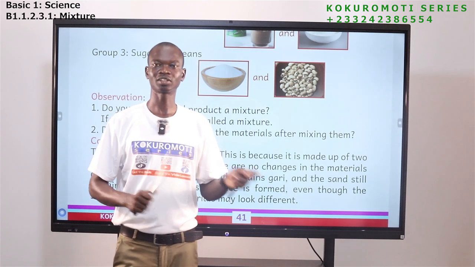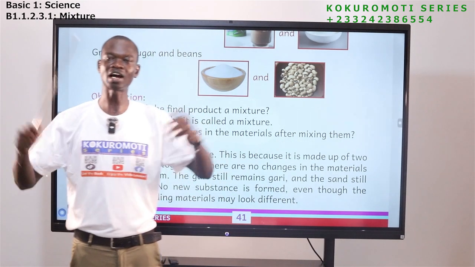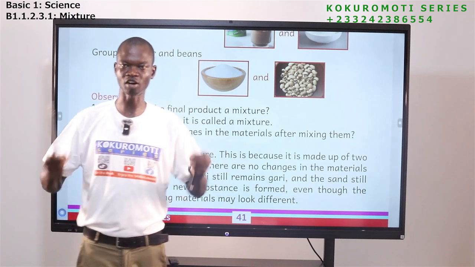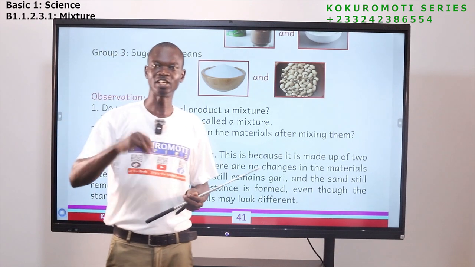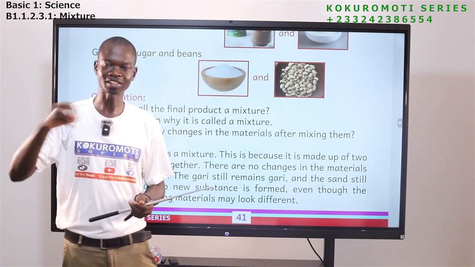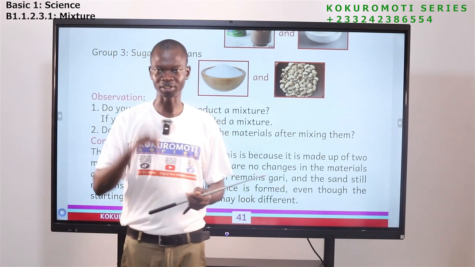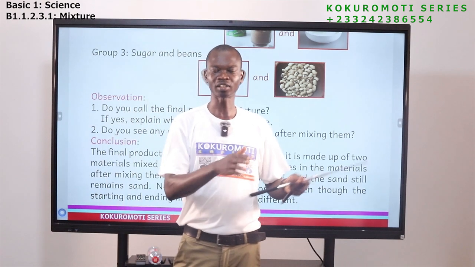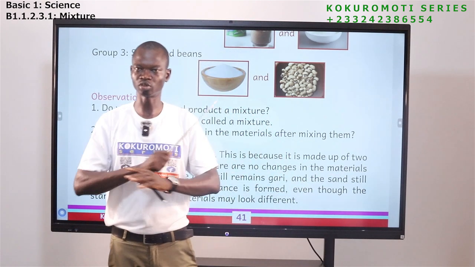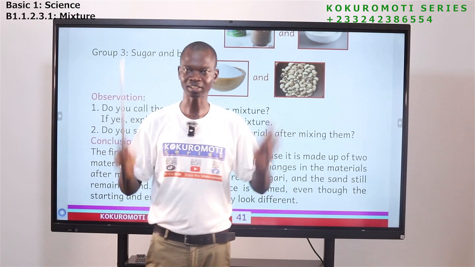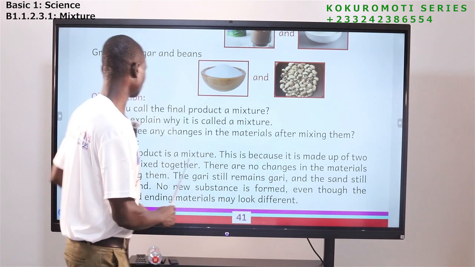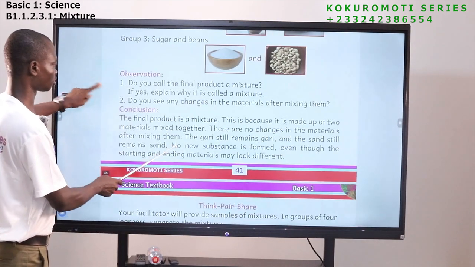Sugar. So what we are to note is that even after you have mixed the materials, the objects, the substances, they do not change. The individual substances or individual objects, individual materials do not change. They remain the same.